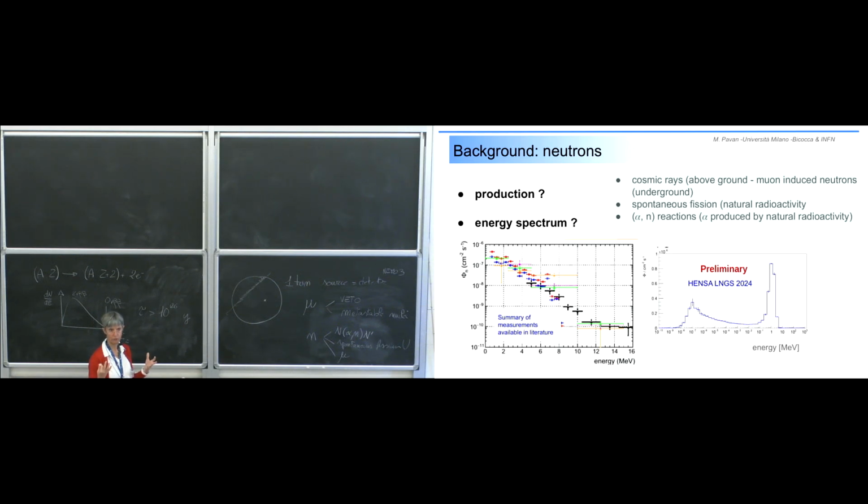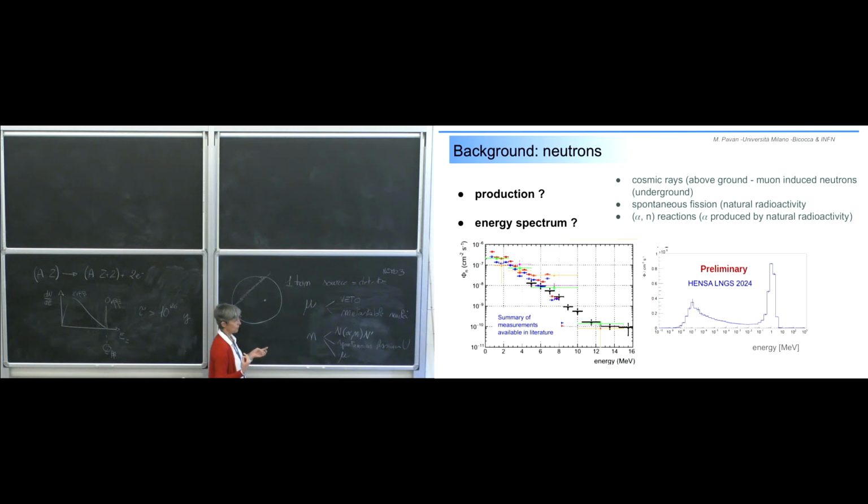Even if at the beginning these neutrons have a rather high energy, when you look at the environmental neutron flux underground, and it's the same also at sea level, you see a lot of thermal neutrons.